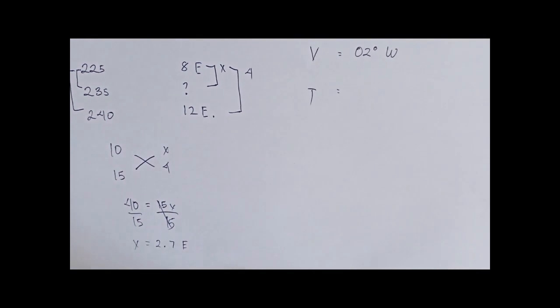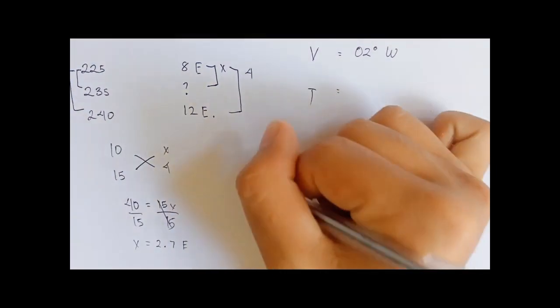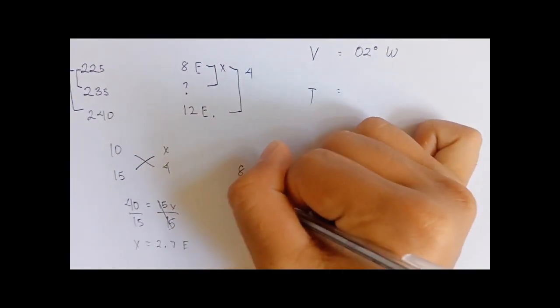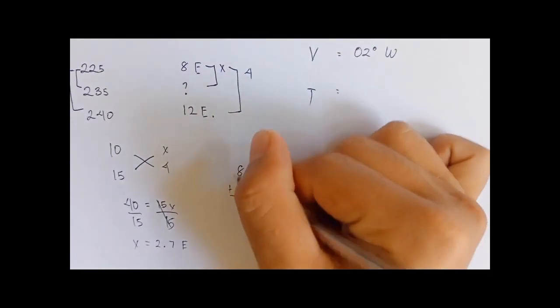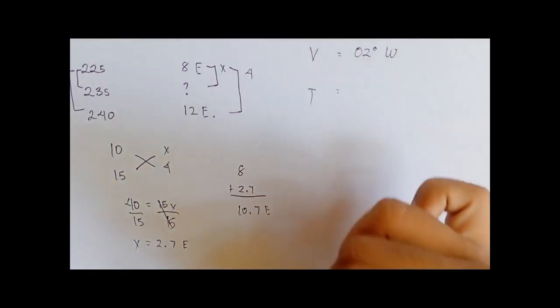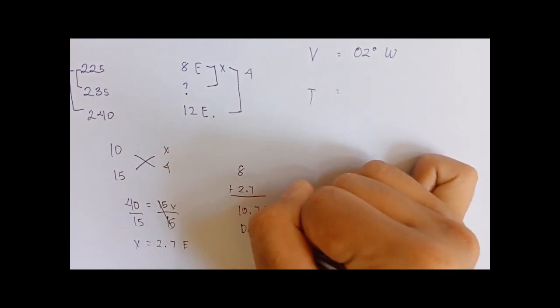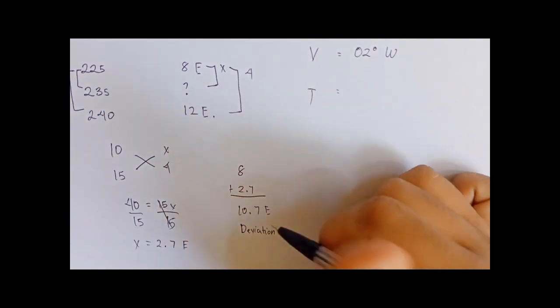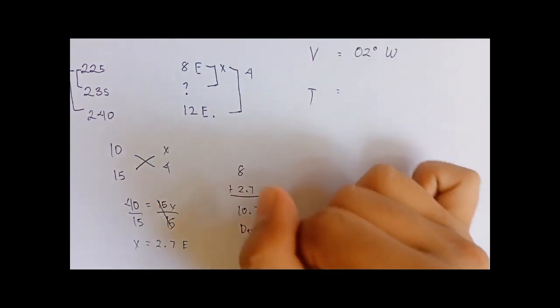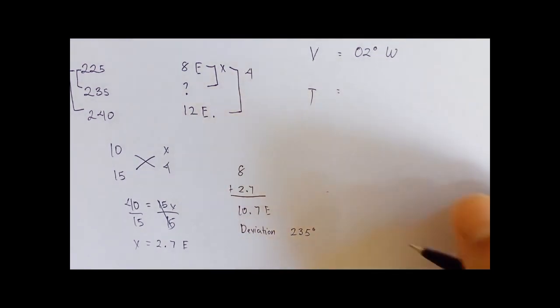After finding x, we must add the 8 east. So 8 plus 2.7 is equal to 10.7 east. So this 10.7 is the deviation of 235 degrees.